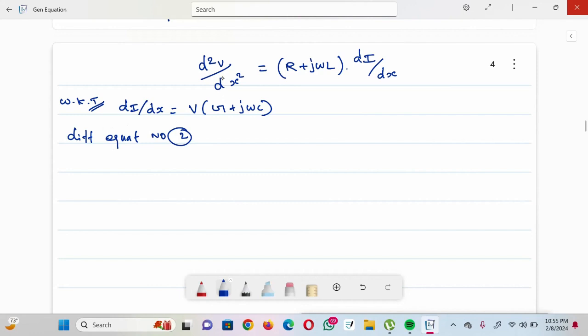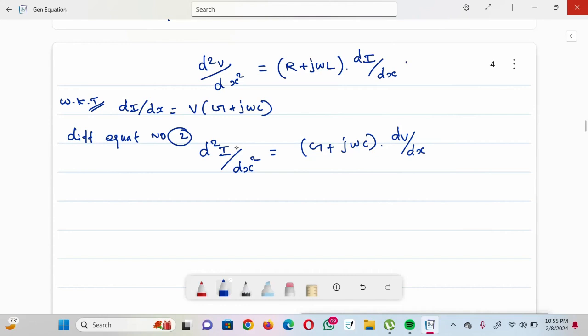Already we calculated for V, the same thing we are going to calculate for I. So d squared I by dx squared is equal to (g plus j omega C) into dV by dx, with respect to voltage.